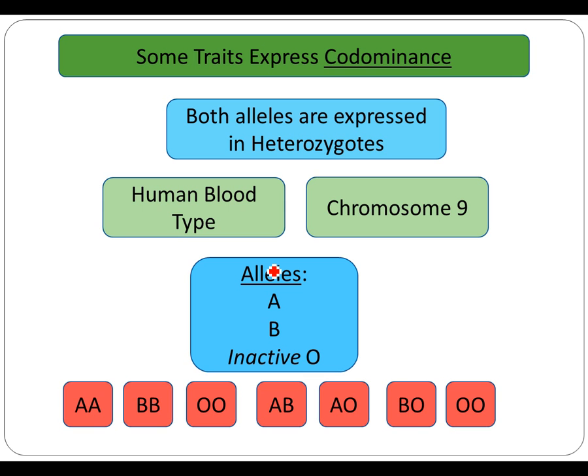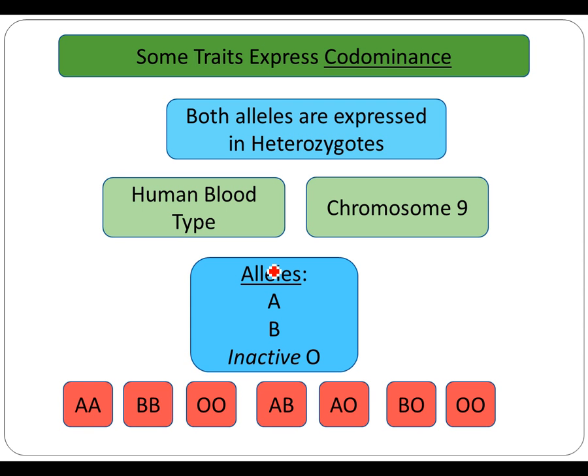So this is an example of what's called codominance. The big deal is that you can see both alleles being expressed at the same time. Does that make a little bit of sense? Depending on negative or positive, you also have to look at that too.